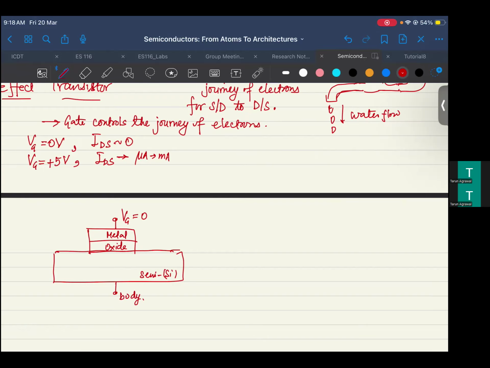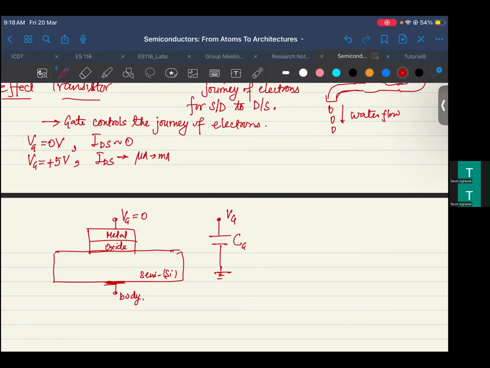You could think of this as a one capacitor network, with some capacitance CG. The capacitance is there because there is a metal plate, an oxide, and then a conductor, because there is a body terminal. That is the equivalent capacitance of the stack.